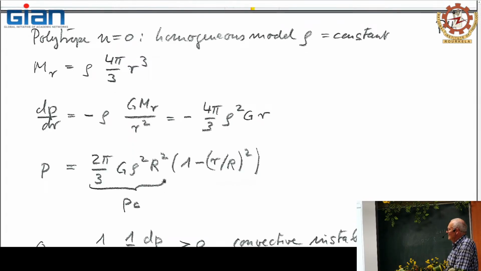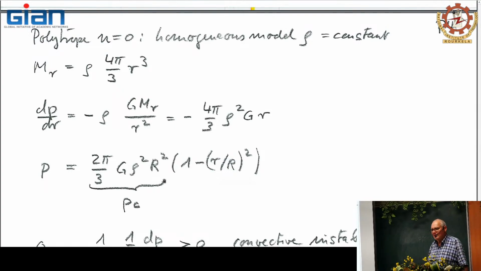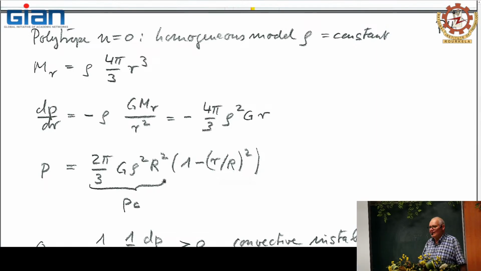So what does n equals 0 mean? In this formulation it's a singular formulation. You have to rewrite it with density as a function of pressure, and then you will see it is simply the pressure.